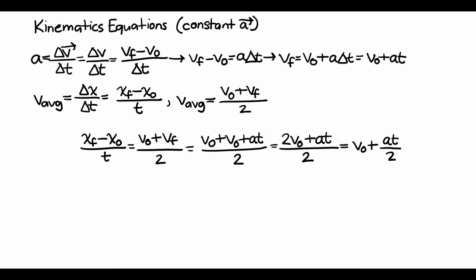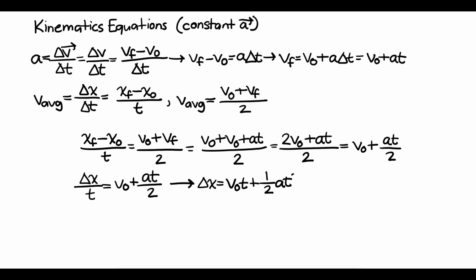Now we have delta x. I'm going to just write this as delta x, a little cleaner that way, equals v naught plus at over 2. That means that if we multiply both sides by t, we have delta x equals v naught t plus 1/2 at squared. And this is the second kinematics equation.